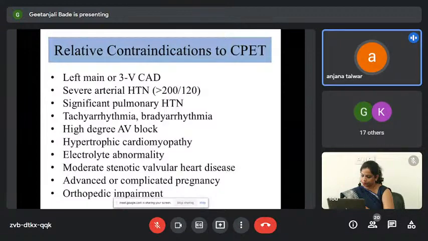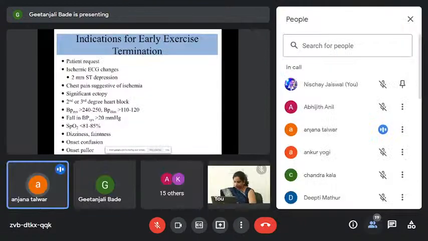In addition, one can judge if the patient is symptomatic: ST segment depression, chest pain suggestive of ischemia, significant ectopy, second or third degree heart block. So during the exercise, if you see any of these on ECG, one should stop the exercise immediately.